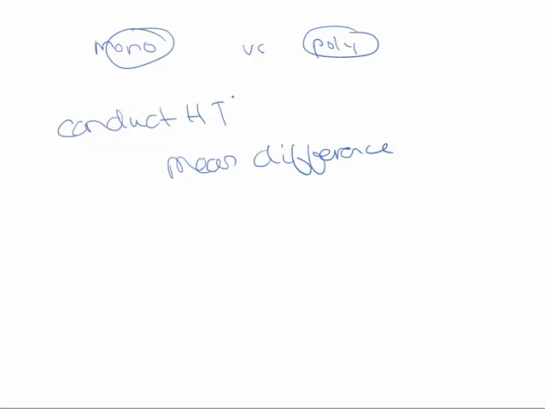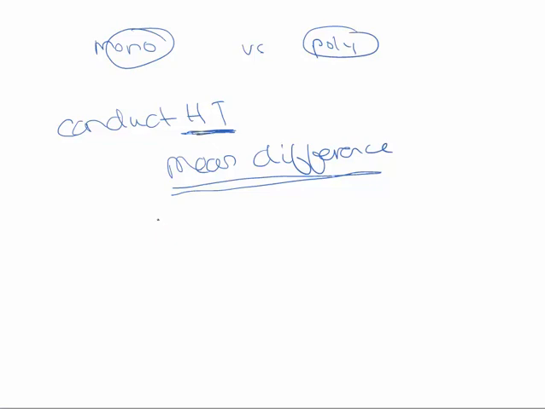In previous hypothesis tests, we've basically just been looking at whether our population mean is equal to, less than, greater than, or not equal to some value. But in the paired t-test, we're looking at the mean difference between two different populations.